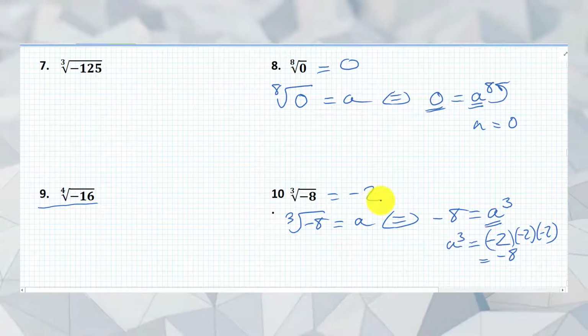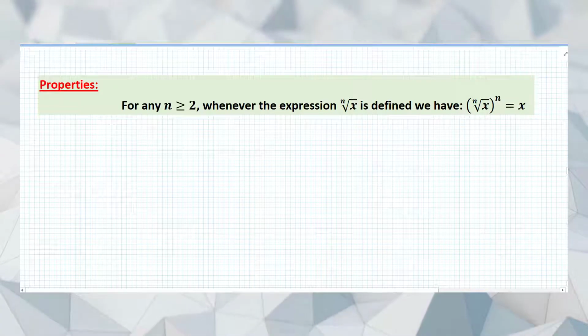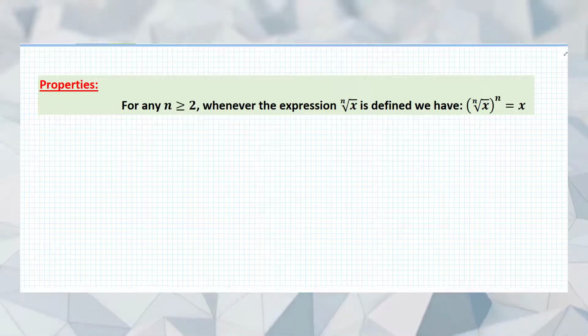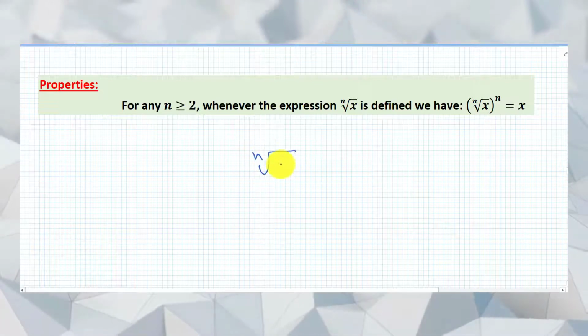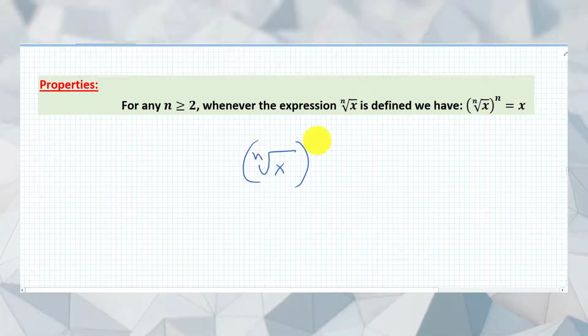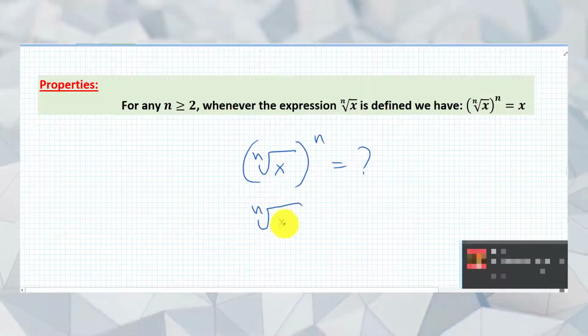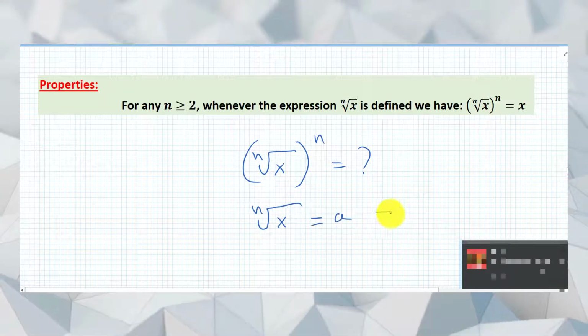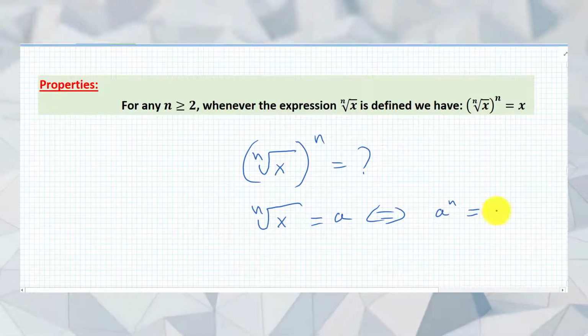Okay, let's go over the second set of examples. Before we do so, though, let's quickly go over this obvious property. What happens when you take the nth root of a number and you raise it to the power of n? Let me remind you: if the nth root of x is equal to a, this is the same as saying that a to the n equals x.